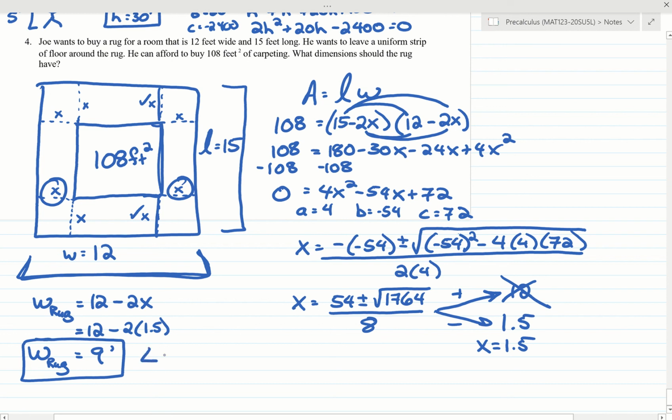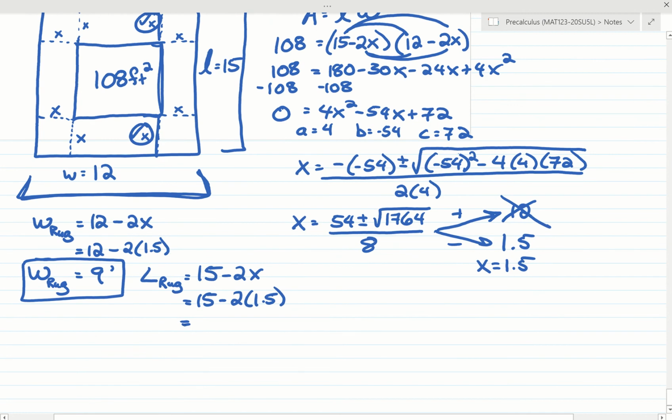Now the length of the rug would be 15 minus this x and this x, or 15 minus 2 times 1.5, which would give us a total length of 15 minus 3, or 12 feet.